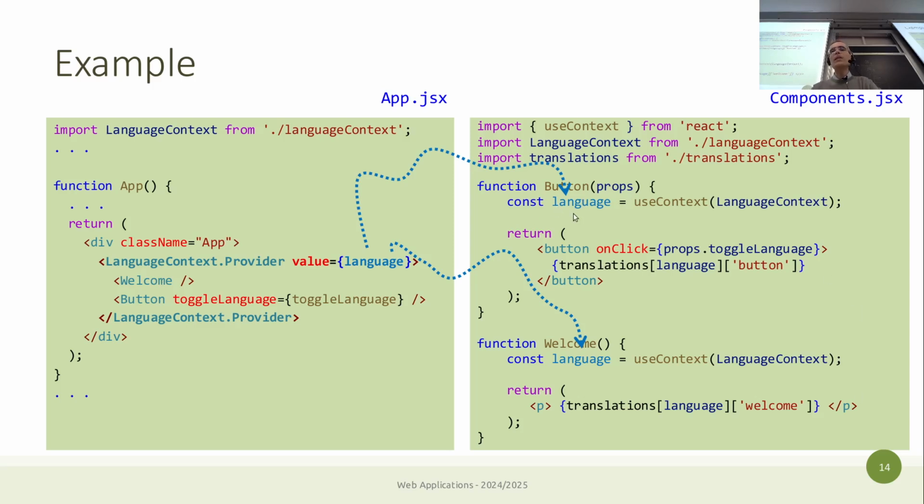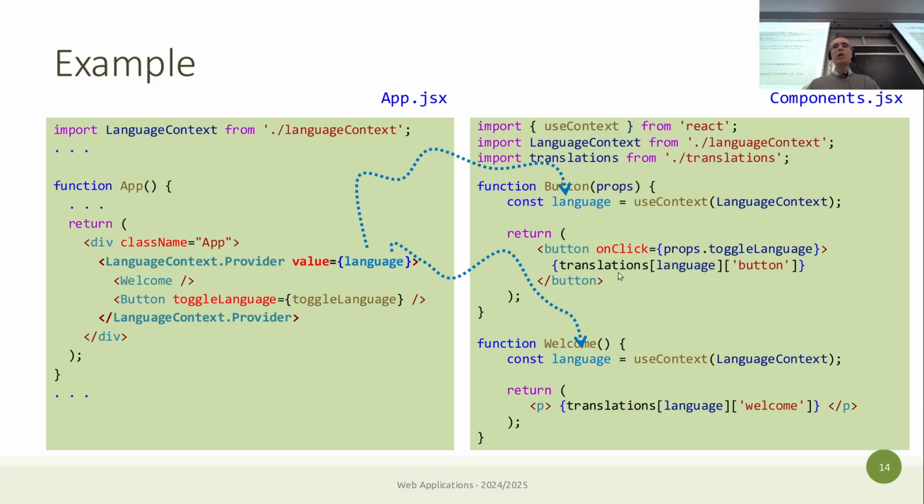But you see that the syntax is very simple. const language equal to useContext and the context that you created with React. That's why it's useful to have it defined externally, because you can simply import it if you are in another file, and that's all. And when you have the value, you can do whatever you want as usual, as you do with props.